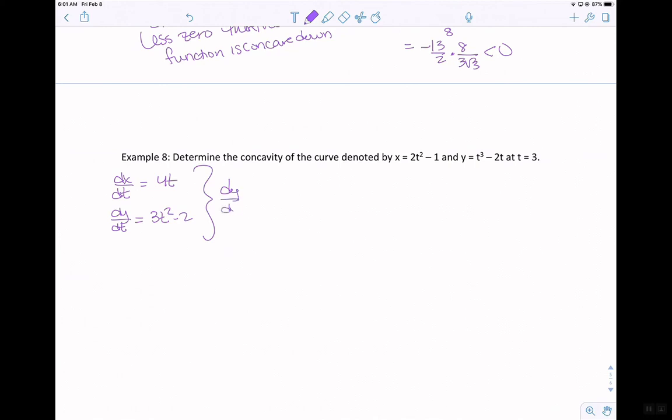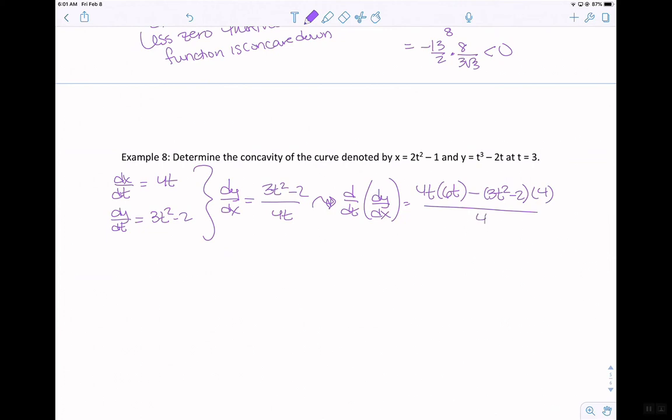I'm going to then find dy dx, so 3t squared minus 2 over 4t. I'm then going to find d dt of dy dx. That's quotient rule: 4t times 6t, minus 3t squared minus 2 times 4, all divided by 4t, the quantity squared.